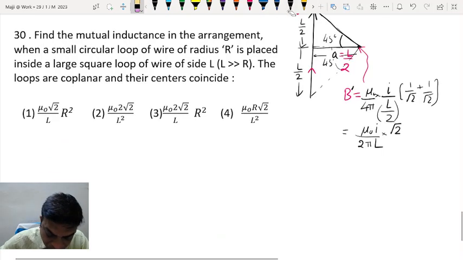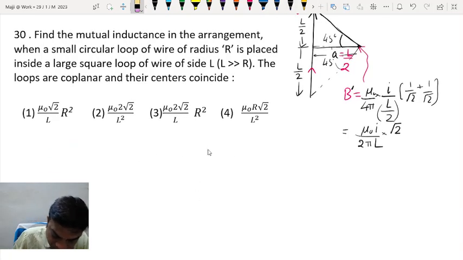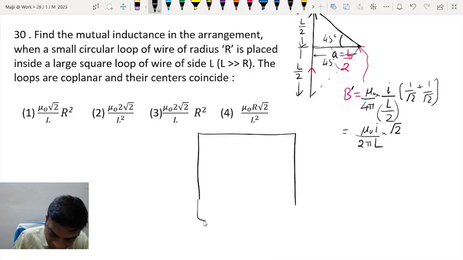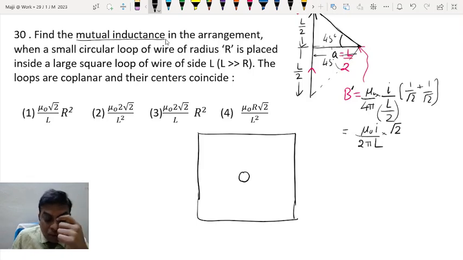Now, this is the situation as per the question. There's a big square loop and there's a small circular loop. We have to find the mutual inductance. So in order to find the mutual inductance, you have to take the primary coil in such a way that the flux through the secondary can be calculated.